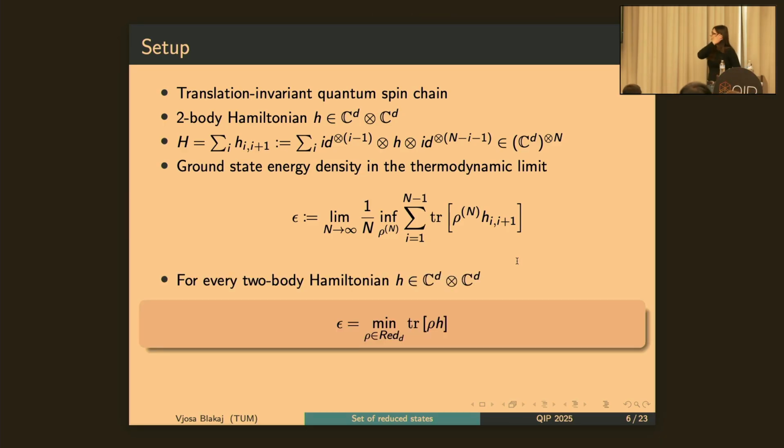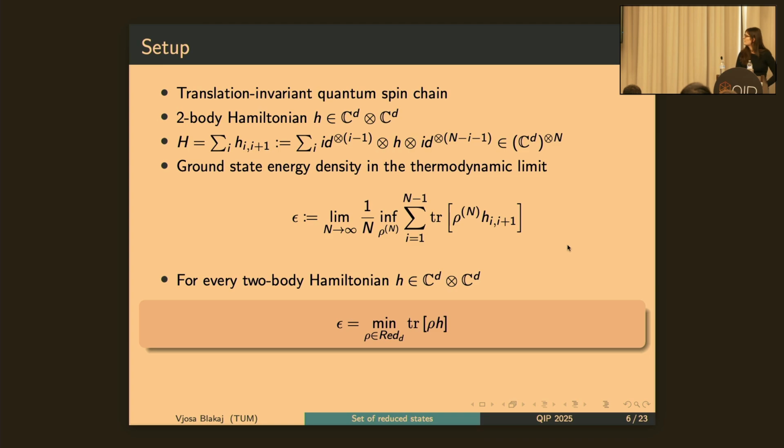We can simplify this formula further because we're only considering nearest neighbor interacting Hamiltonians, and this becomes a minimization of the trace, where rho is just a density operator, translation invariant, bipartite, and H is the Hermitian operator that characterizes my Hamiltonian.